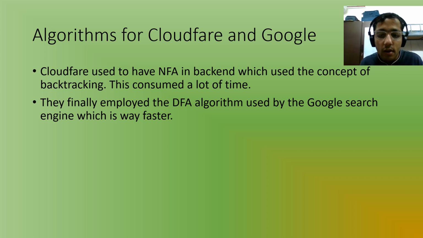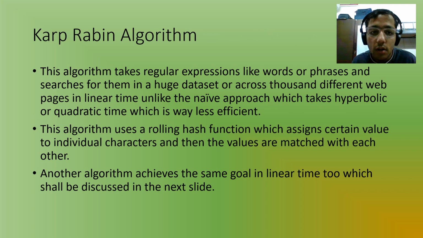In a DFA we know definitely the direction where we have to go. Like we won't have 0 going to one state and that 0 going to another state. We can't have that in a DFA. In a DFA we know where we have to go. So Cloudflare also implemented that, which is way more efficient than NFA.